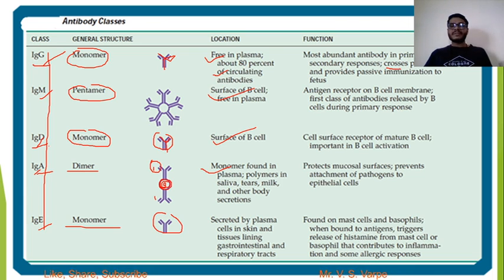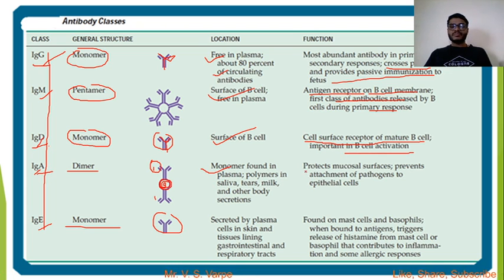It crosses the placenta and provides passive immunization to the fetus. IgM plays a major role as the antigen receptor on the B cell membrane. It is the first class of antibody released by the B cell during the primary response. IgD functions as the cell surface receptor of mature B cells. This is important in B cell activation.